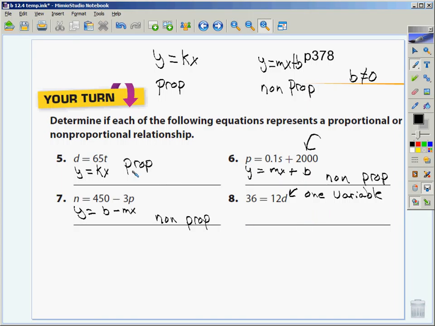So this is definitely not proportional. In fact, when I went to do this one, this would actually be d equals 3, and so it would be one single point. It wouldn't even be a line.